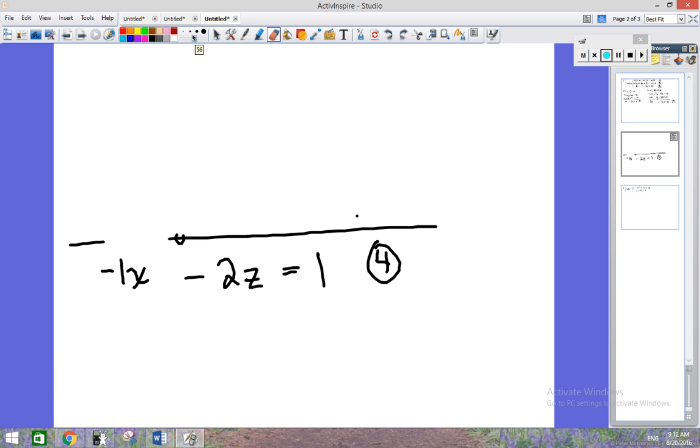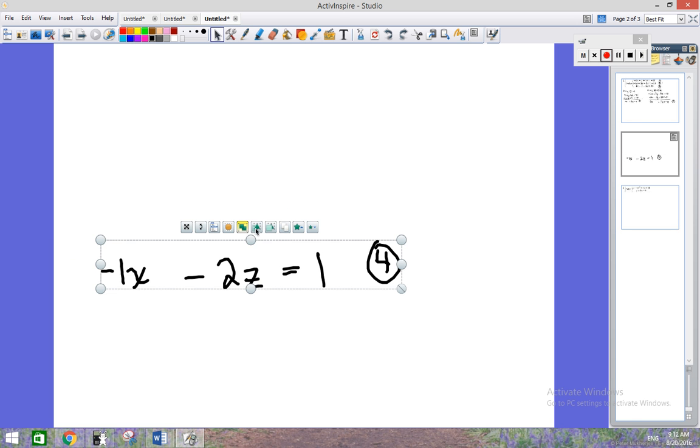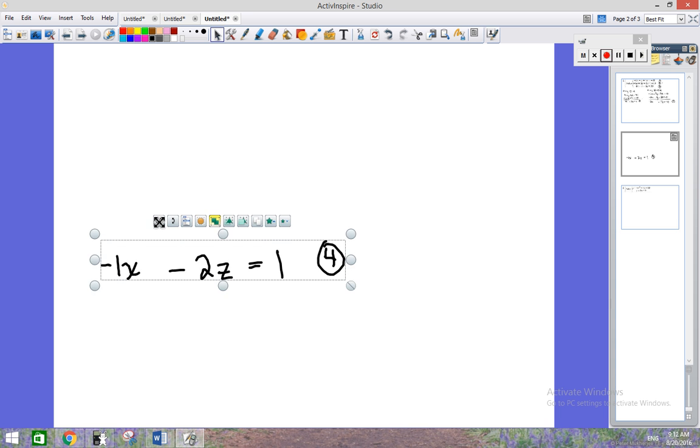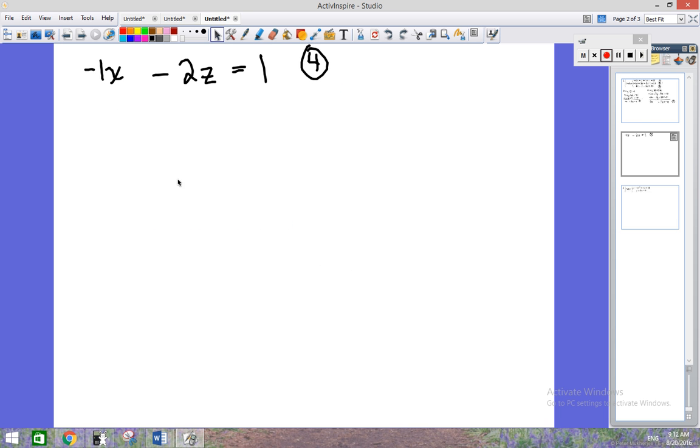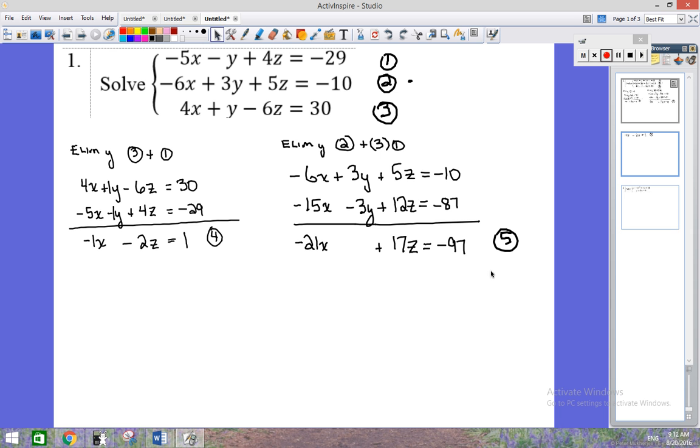Maybe I'll make the size of my eraser a little bit smaller. Alright, so there's equation 4. And that's grouped together, and let's move it up here. Let's go get equation 5. And it's selected it fine.